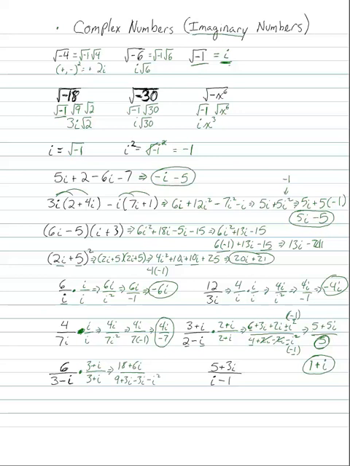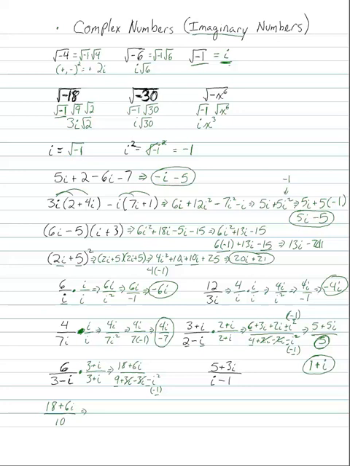So on the top, I'm going to come down here and I'm going to have 18 plus 6i. On the bottom, I'm going to have 9 minus i squared, which is -1. So 9 minus a -1 is 10, plus 3i minus 3i cancels. So again, I can simplify this a little bit more.